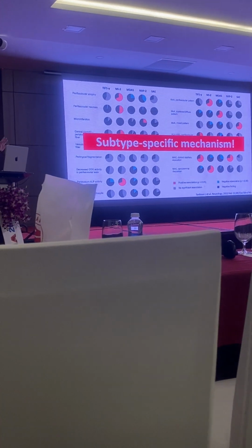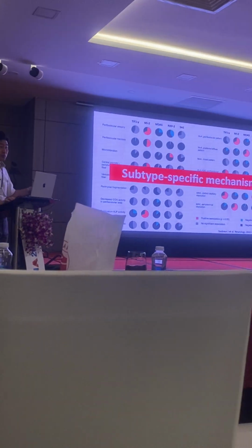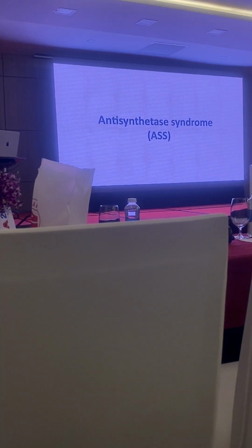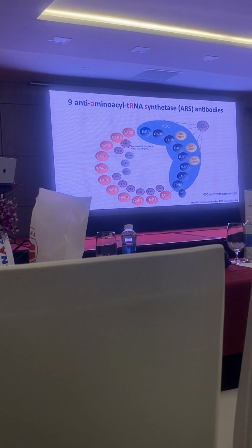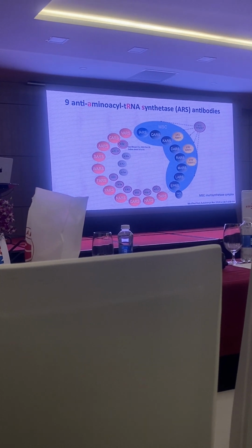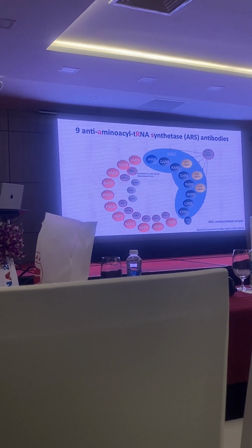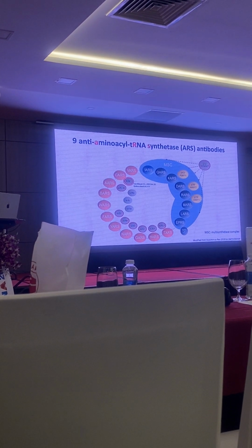But there is a difference. It means that there is subtype-specific mechanism, although everything is type 1 interferon injury. And I'll quickly go through antisynthetase syndrome. Antisynthetase syndrome is a myositis in which you have positive aminoacyl tRNA synthetase antibodies.